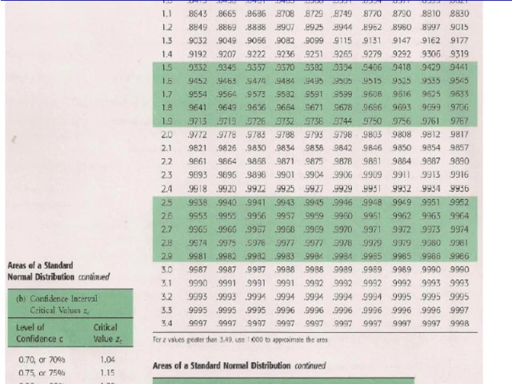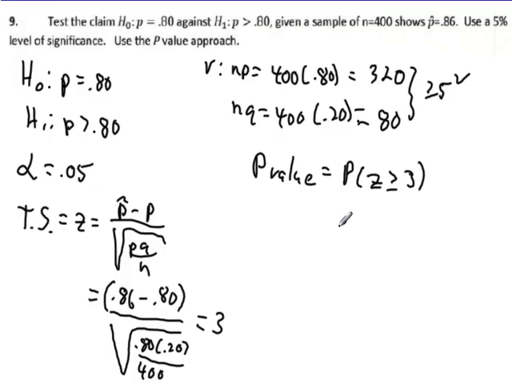So let's take our 0.9987, subtract it from 1, and get our answer, which is 0.0013. So the probability based on the original hypothesis of us getting a sample proportion of 0.86 is 0.0013.